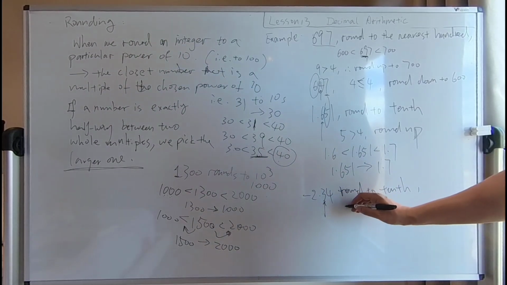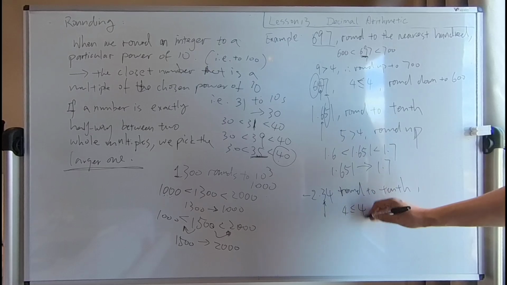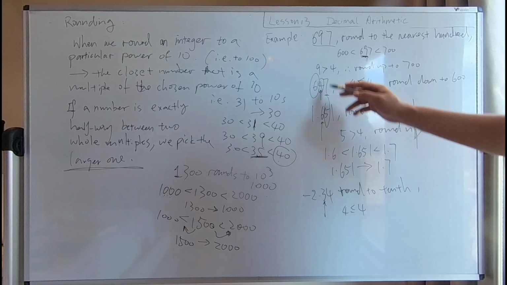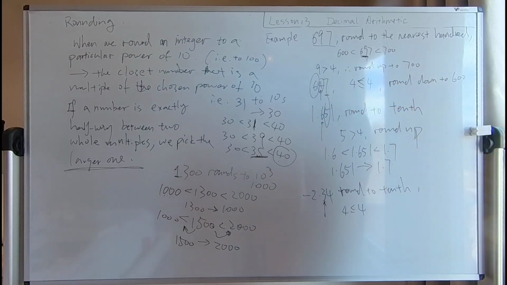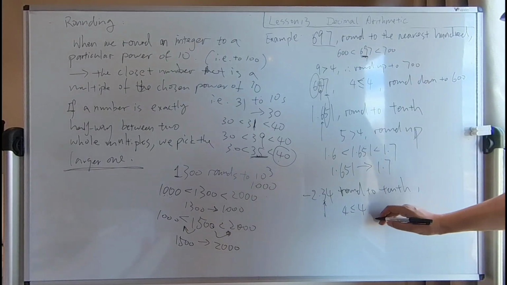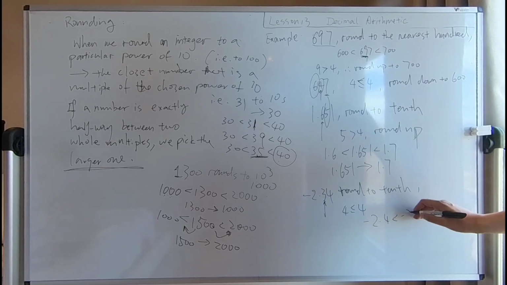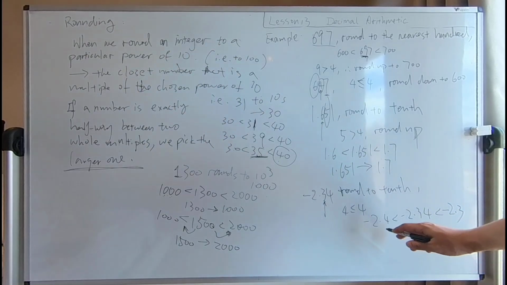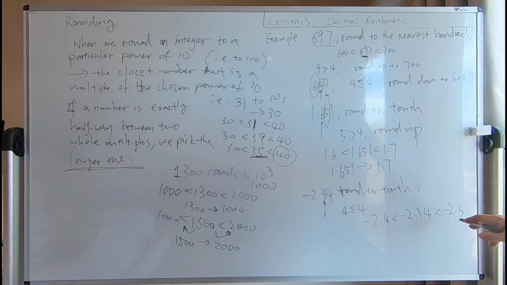Even though 4 is smaller than or equal to 4, which in other examples means rounding down, it's a negative number. So round down means round up, increase. So this is in fact between minus 2.4 and minus 2.3.